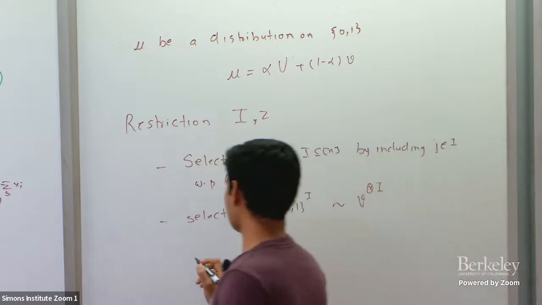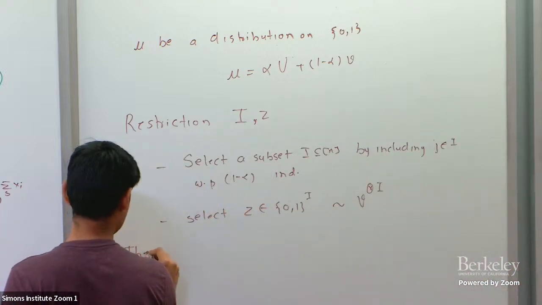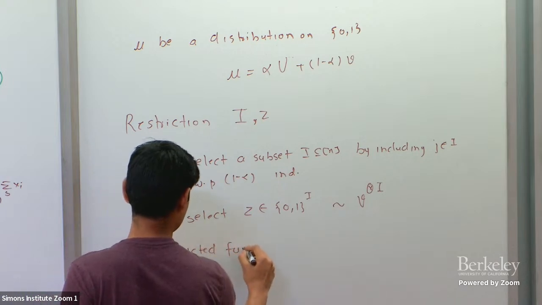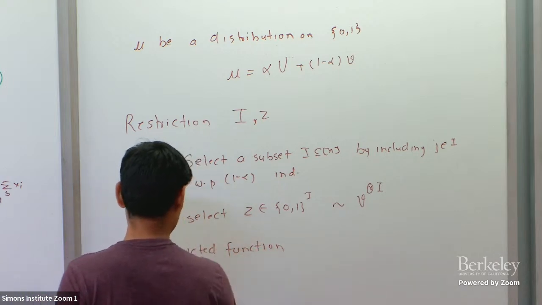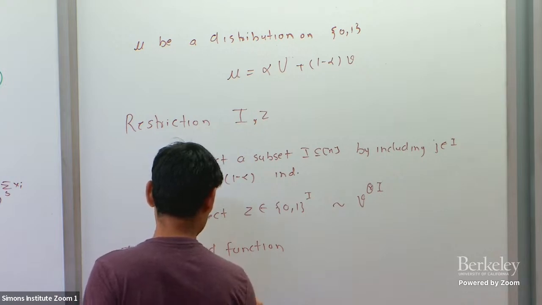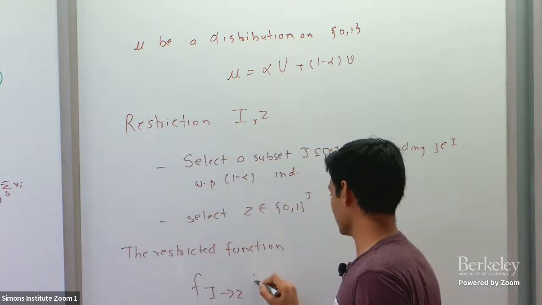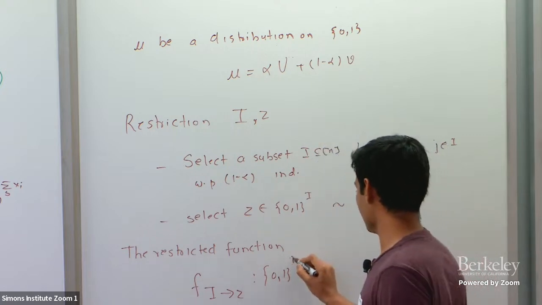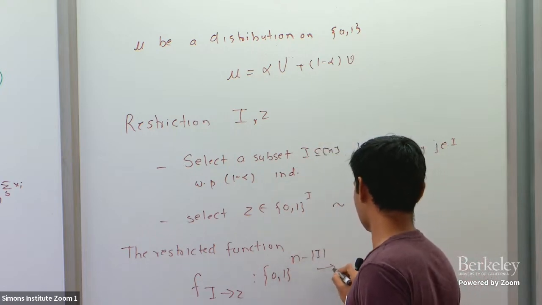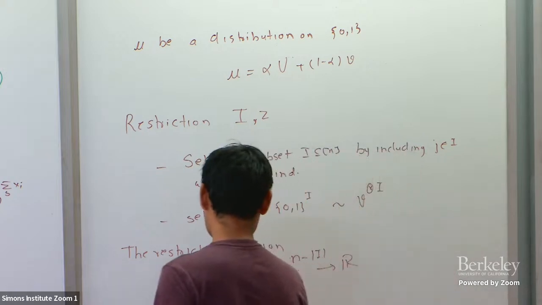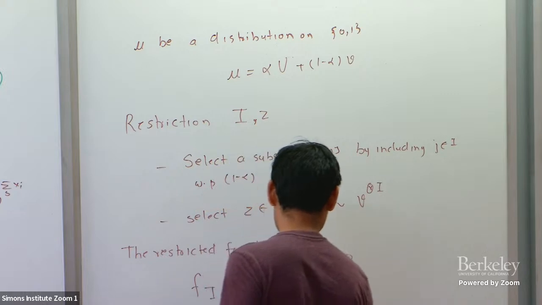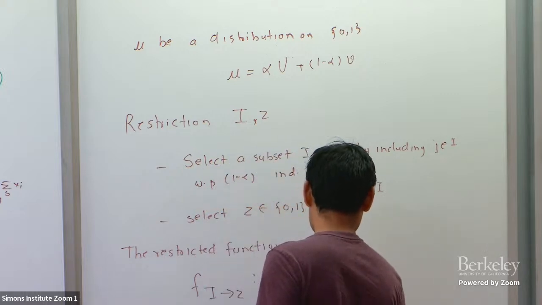And the restricted function, which I am denoting by f restricted to I and z, is a function from {0,1}^([n] minus I) to the reals. It is defined as f restricted of x is f evaluated at x.